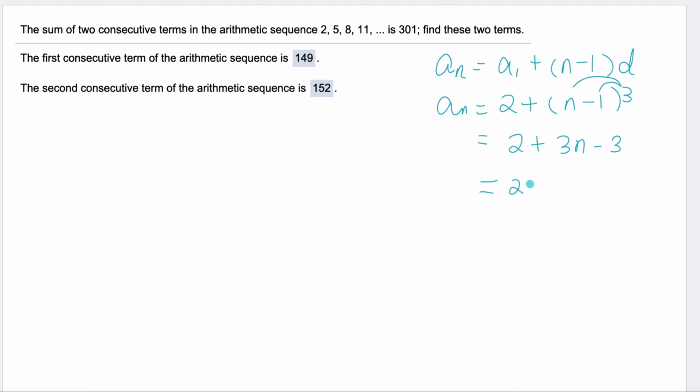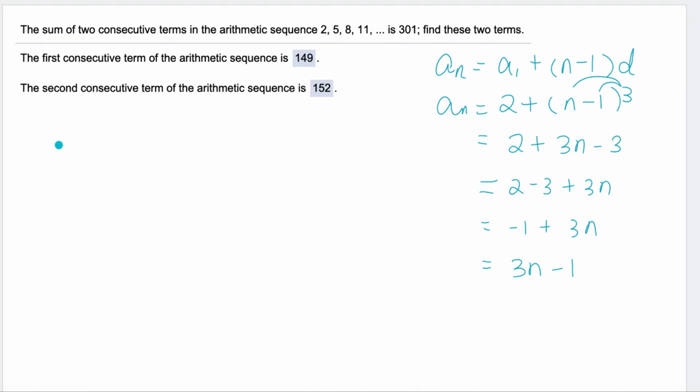So you get 2 minus 3 plus 3n is equal to negative 1 plus 3n. You can keep it like that, or that's the same as 3n minus 1. This looks more familiar to us, right? We usually put the variable term, then constant. So if we use either this or that, it's all the same thing. They're all equal, so it doesn't matter.